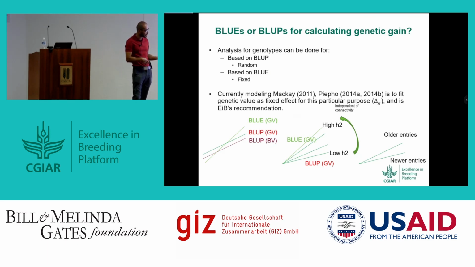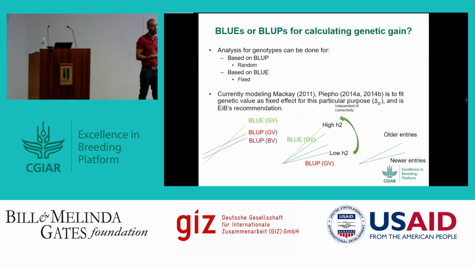Some of the things that came up was, well, this is probably because of the shrinkage. As we were discussing this morning, with the BLUP methodology you have an intercept, but depending on the heritability, the entries will be shrunk less or more. If the heritability is really low, they get shrunken really hard. If the heritability is high, then they look almost like the BLUEs.